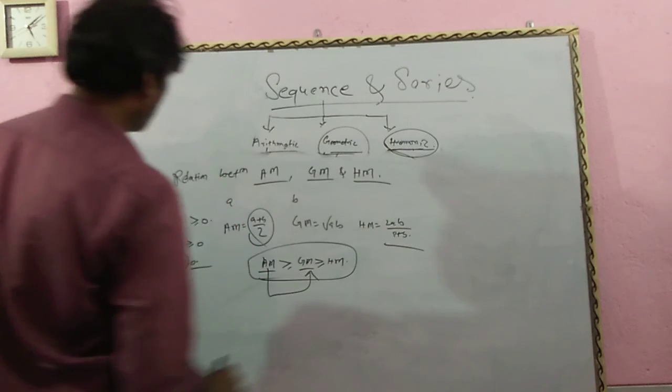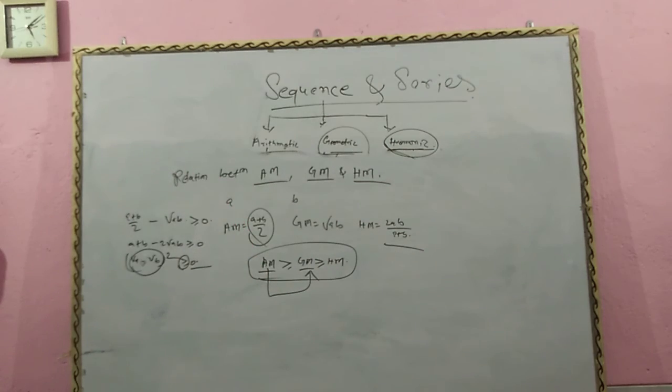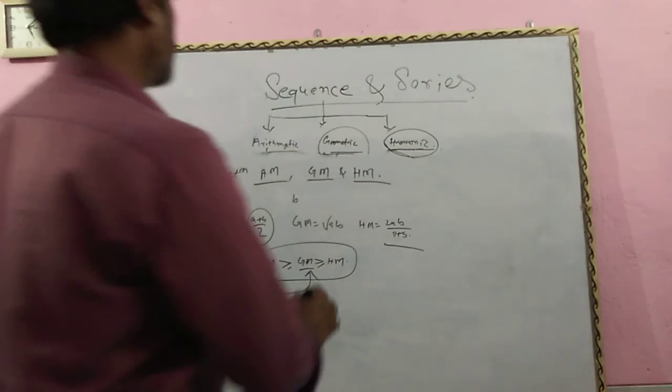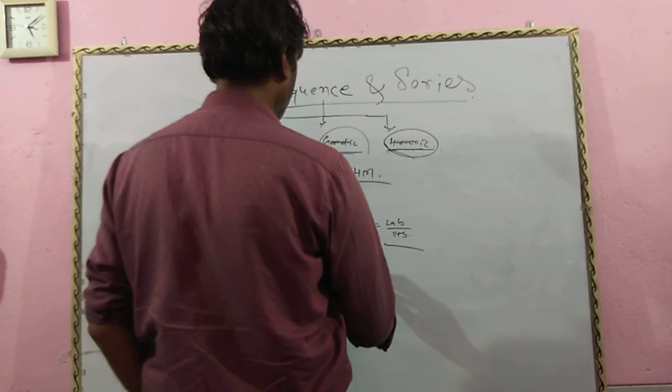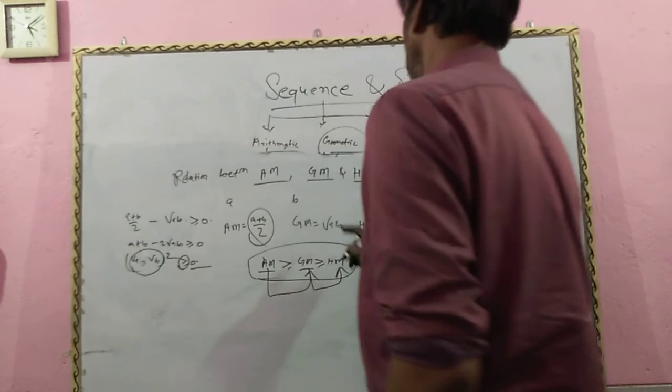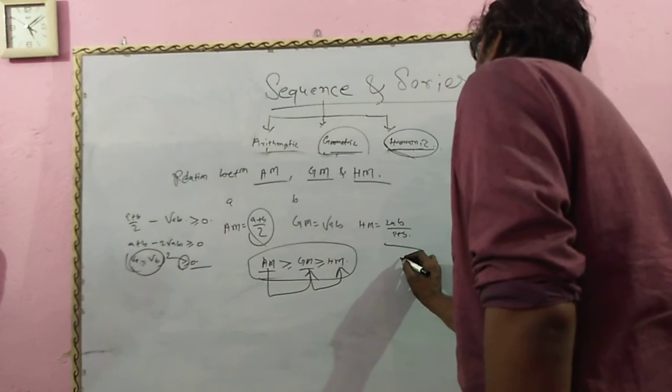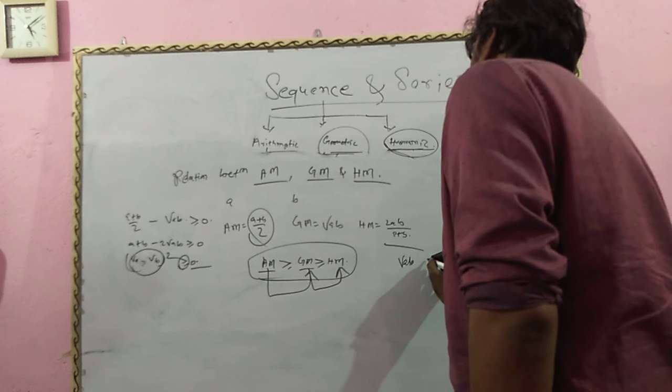So arithmetic mean is greater than or equal to geometric mean, and in a similar way you have to prove geometric mean is greater than harmonic mean. Geometric mean is root AB.